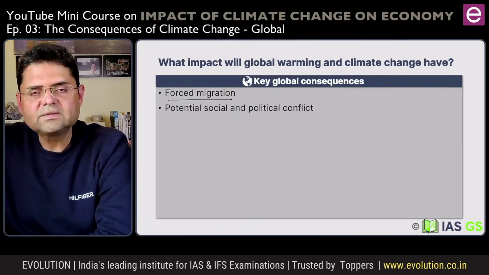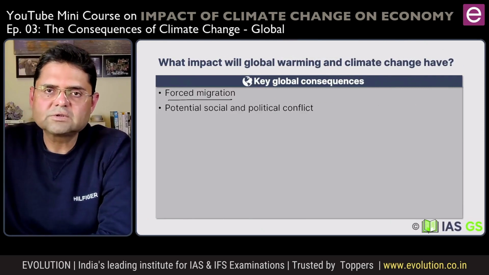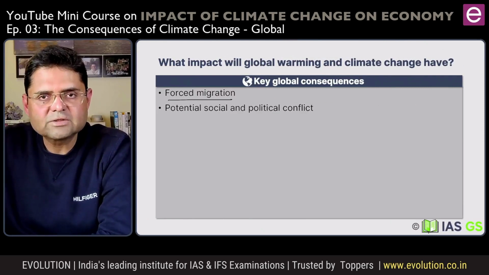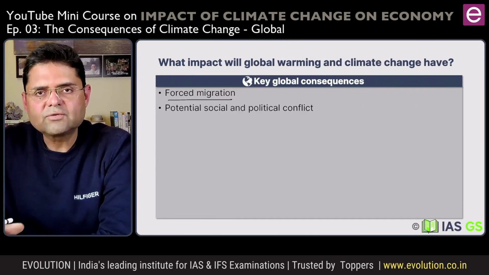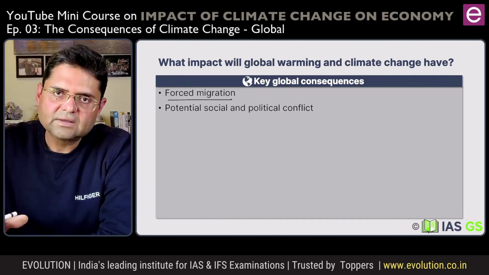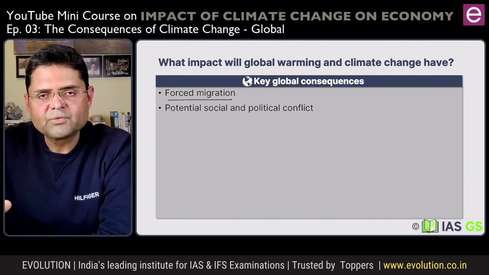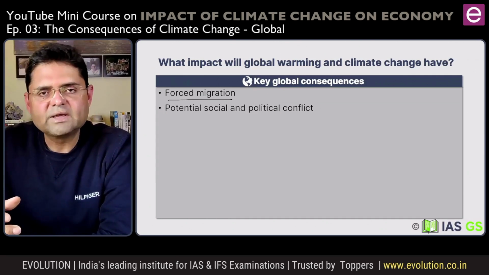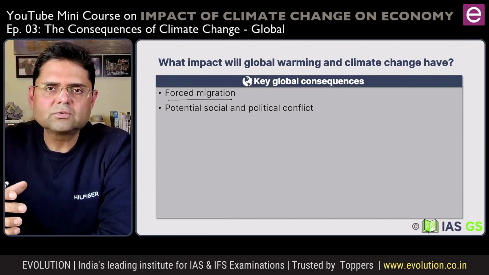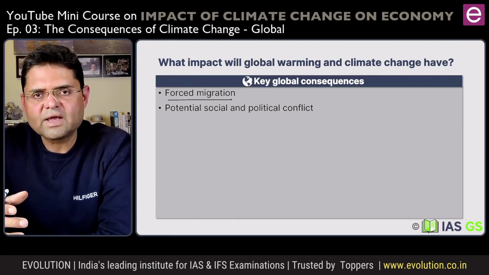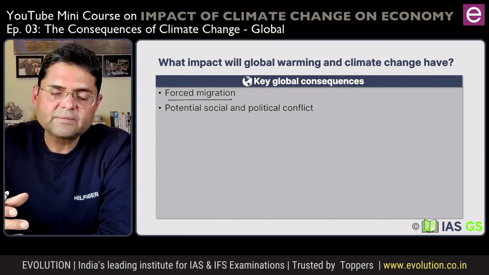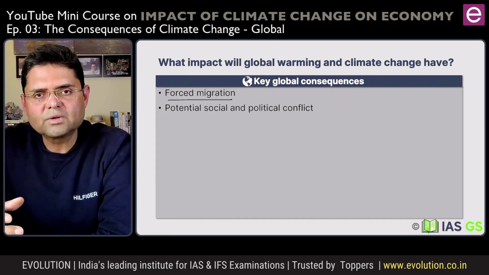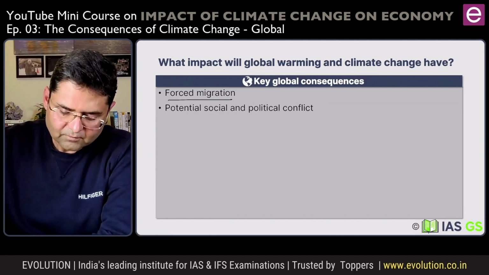We are also looking at forced migration. Those getting displaced from their place of living because of climate change impact are known as climate refugees. The problem of climate refugees is already becoming a part of mainstream discussion. The world is so ill-equipped to handle the problem of climate refugees, but this is something which is likely to happen more and more in the decades to come.